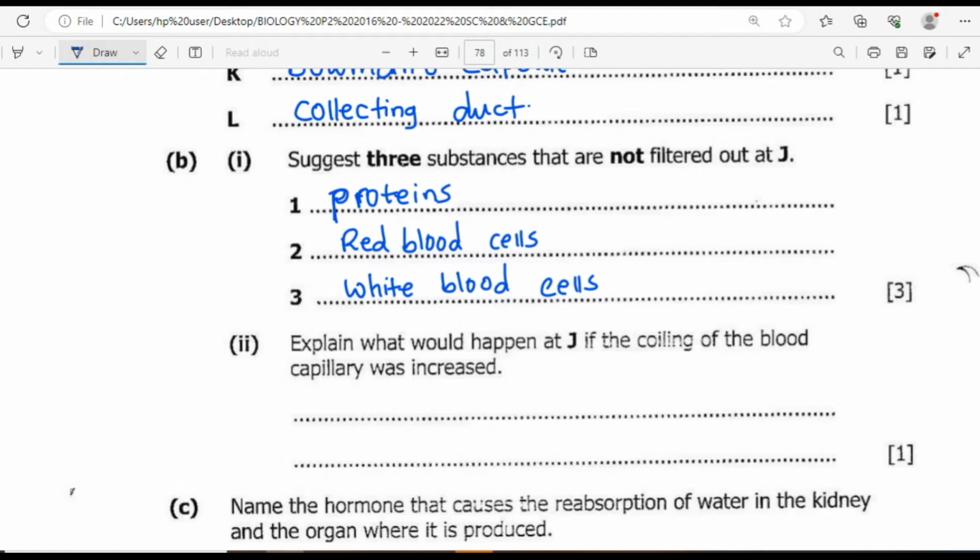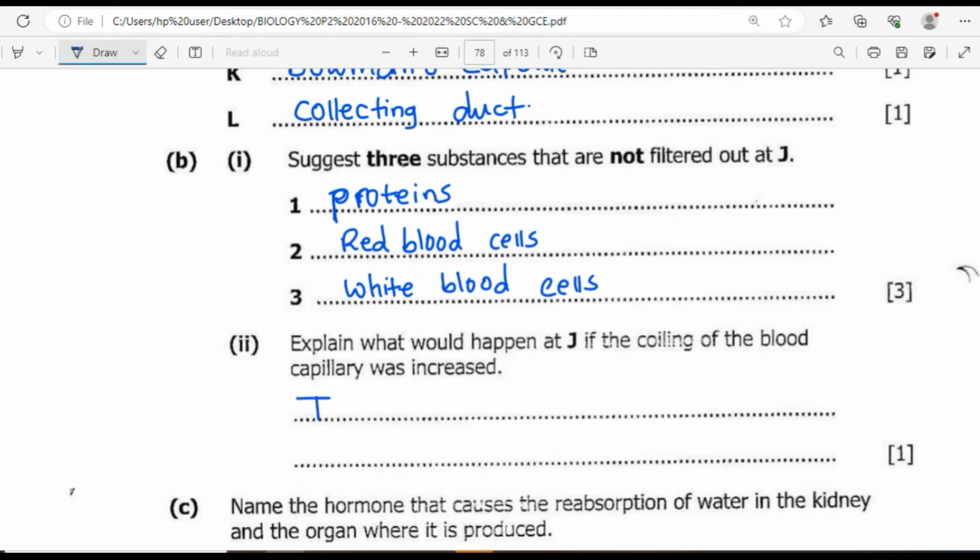Then explain what would happen at J if the coiling of the blood capillary was increased. So the coiling is like this. If we increase the coil, then the pressure filtration increases, so much of the waste product will be filtered out into the Bowman's capsule.